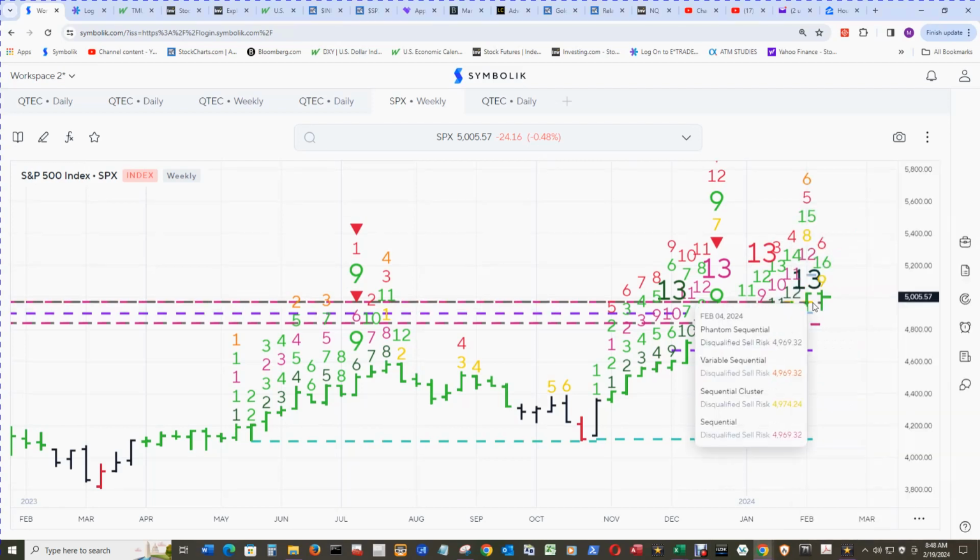And the risk levels will become qualified, so that sequential clusters off of the other sequential, so 4974.24 for the cluster sequential, and the regular sequential 4969.32 will be qualified, along with this aggressive combo risk level and this aggressive sequential cell risk level and this combo cell risk level.